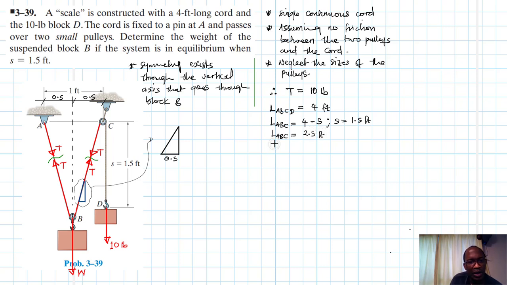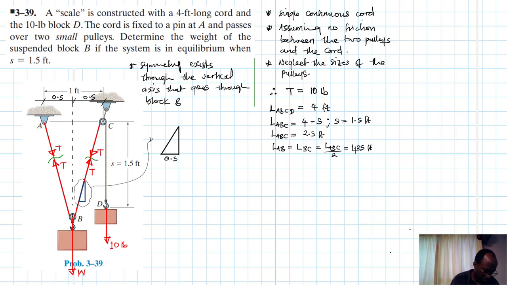Therefore, the length LAB is going to be equal to the length LCB or BC, which is just equal to LABC divided by 2, which is equal to 1.25, right?